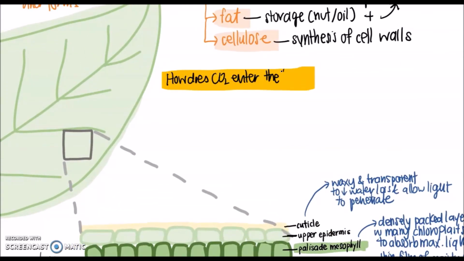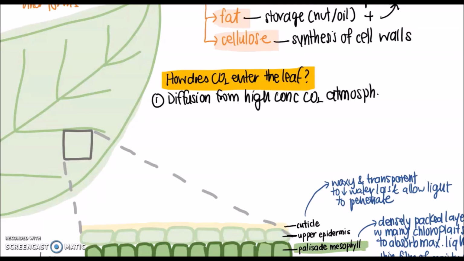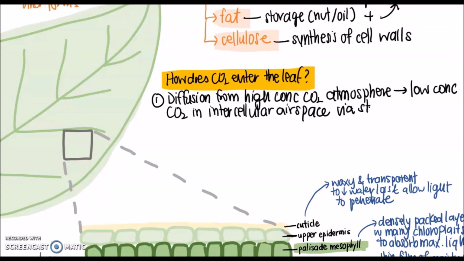So now how do I put that concept into words? The first step is diffusion from the high concentration of carbon dioxide in the atmosphere to the low concentration of carbon dioxide in the intercellular airspace, and this is via the stoma.